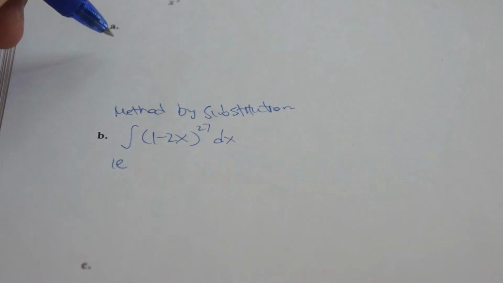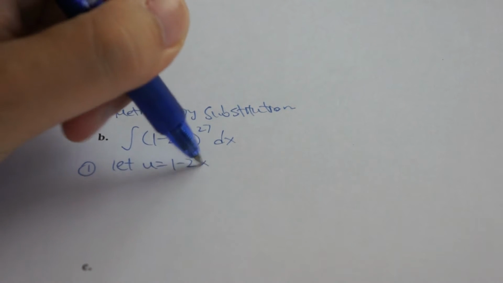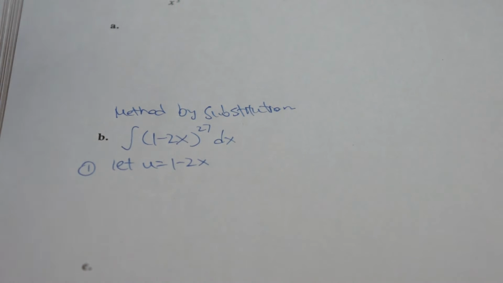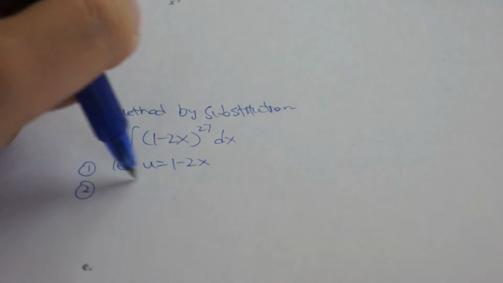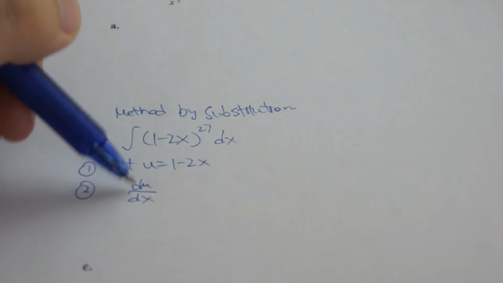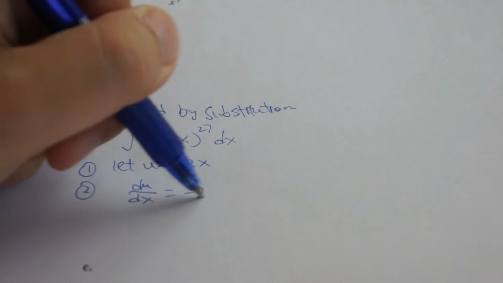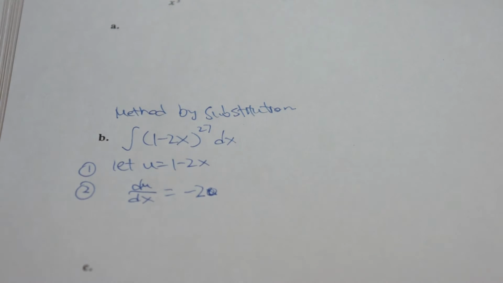And here what you're going to do is five steps. Let u be 1 minus 2x. The next step is to differentiate to find du over dx, which means you differentiate 1 minus 2x, so we get minus 2.